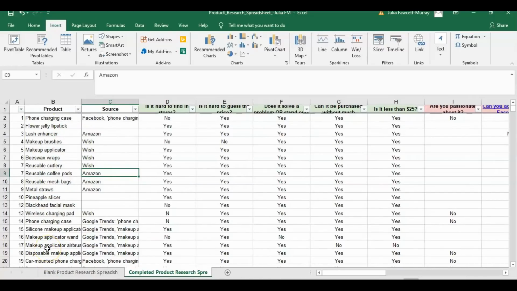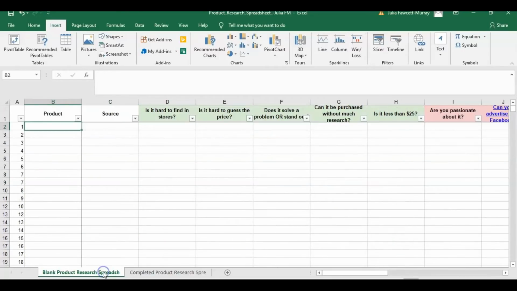Ultimately, this is brainstorming. It's not something that's set in stone. It's just giving me an idea of what products I believe are trending according to the websites and the data, and what may well form the basis of the niche for my store. So that's what we're going to be working with, our product research spreadsheet.